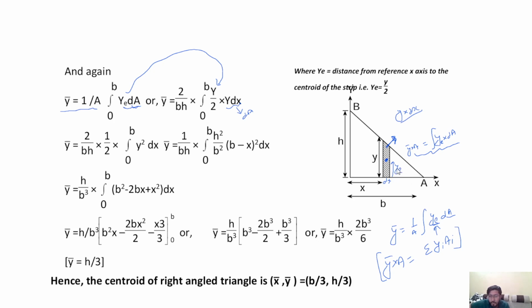So ye is equal to y by 2, because the height of the strip is y and the centroid of this rectangular strip is y by 2 from the reference x-axis. That's why the replacing factor of ye is y by 2.